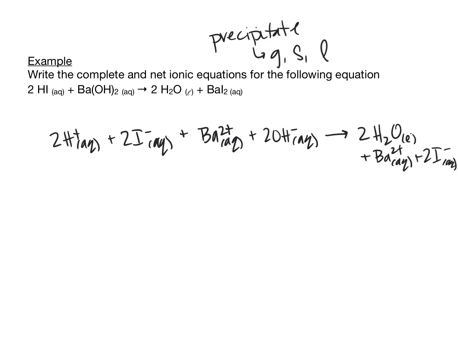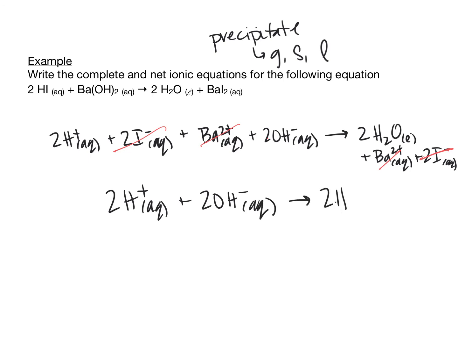So from here we can cancel out our spectating ions, the iodide ion and the barium ion, to where we see this equation: 2H plus aqueous plus 2OH minus aqueous gives you 2 moles of H2O liquid. We are going to see this equation in the next video when we start to think about acids and bases.